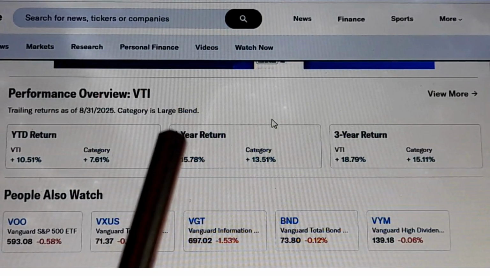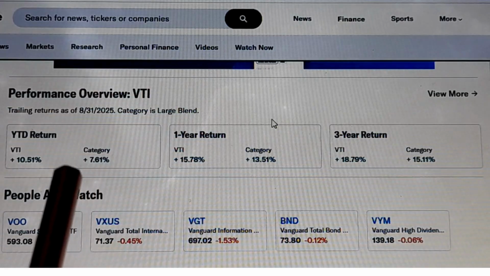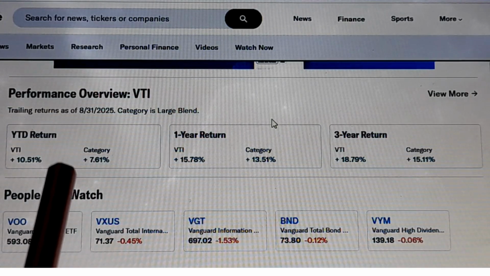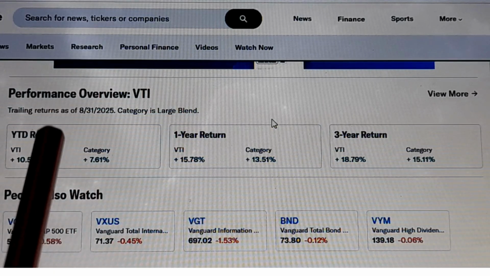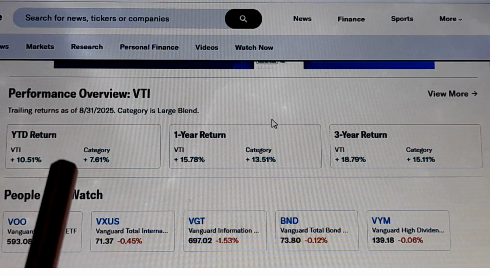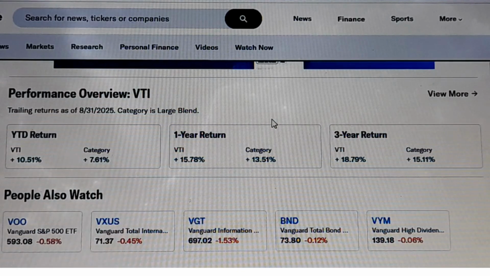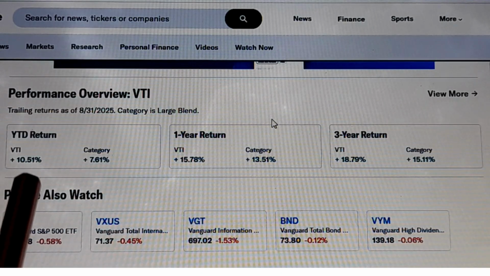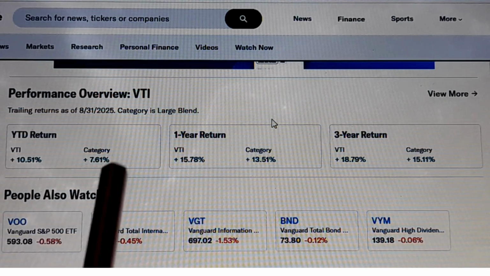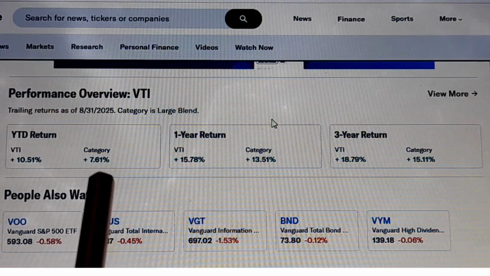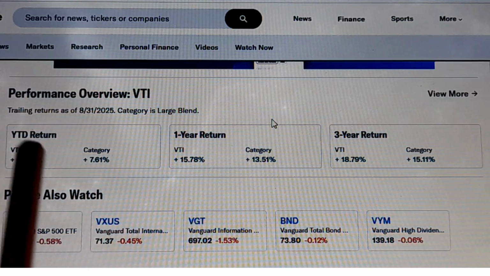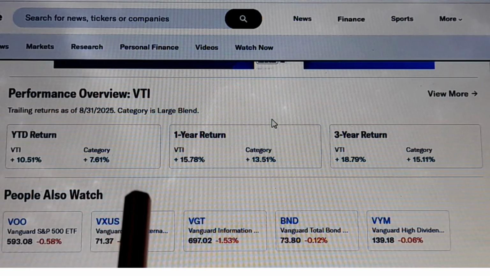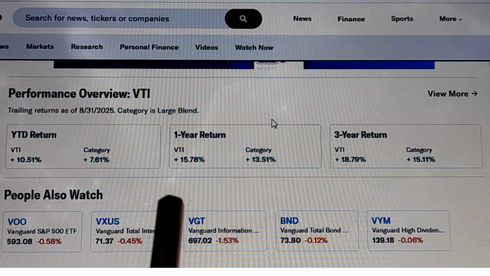So here we are comparing the performance of VTI to the performance of similar funds, okay. Now, the year-to-date return, the YTD, that is from 1st January to now. The performance of VTI is positive, it's 10.51%, and similar funds in the same category as VTI, it's 7.61%, which means VTI has been performing well from 1st of January this year.